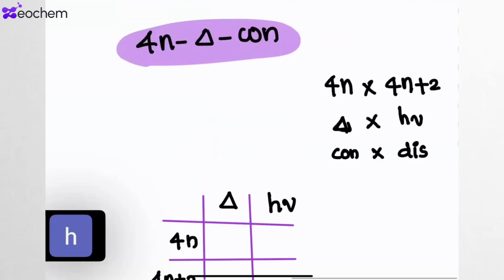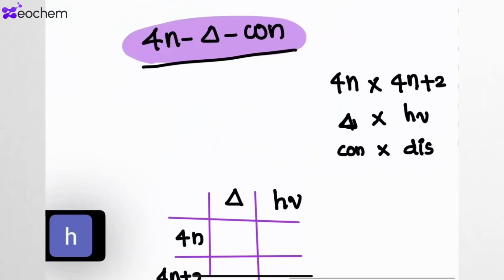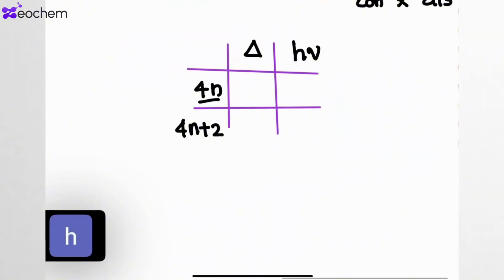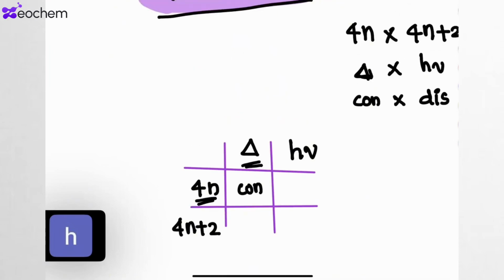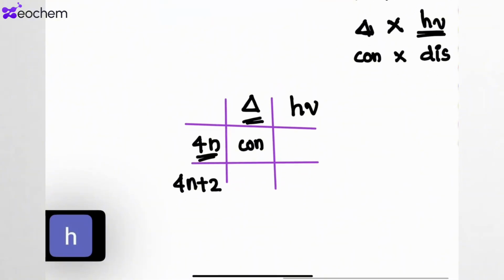We already know by heart that 4n delta is conrotatory. So if 4n delta is conrotatory, whatever is happening in thermal, hv will be the opposite one. So if 4n thermal condition is conrotatory, then hv condition will be the opposite of conrotatory. It will be this.